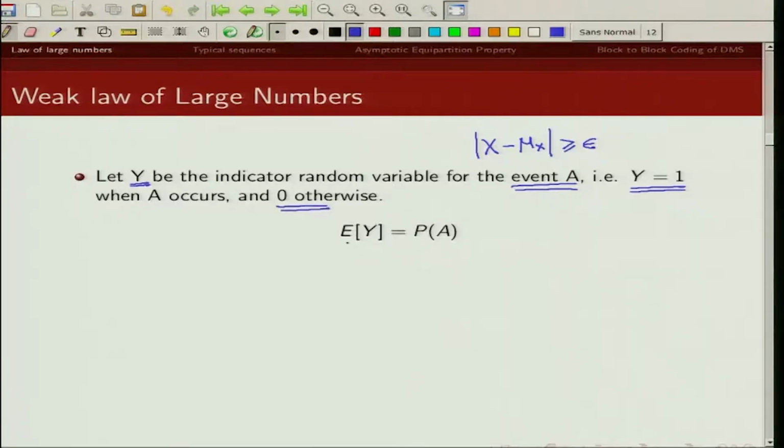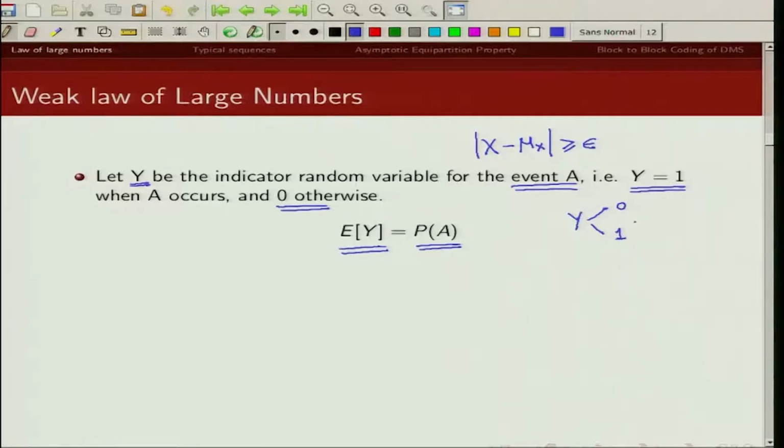So we can see that the expected value of y is given by the probability of occurrence of this event, because y takes two values 0 and 1.